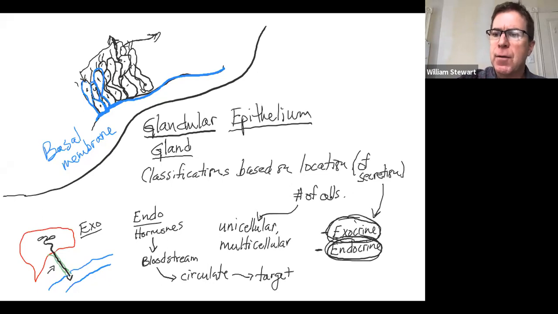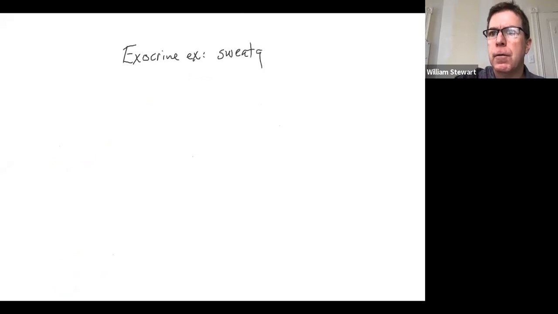So now I'm going to give you some examples of these, okay? Exocrine examples would be, we already did the liver. Also, sweat glands are exocrine.